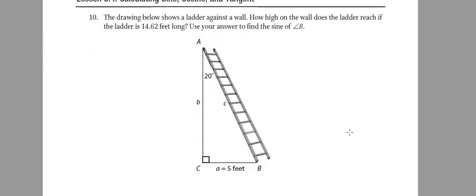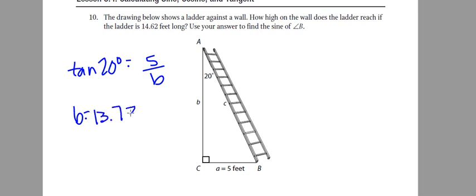All right, the last question here is just asking you to find B and C. In order to find B, I did that the tangent of 20 degrees was equal to 5 over B, and I got that B was equal to 13.737 feet. And then for the next piece, that told me that C was 14.62.